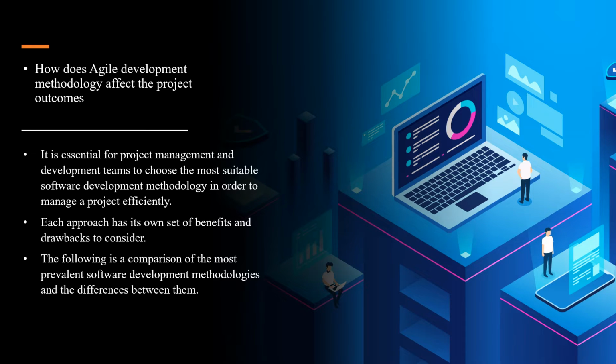This really helps to manage software and make it work the way it's supposed to work, and not with some mistakes or errors. Each approach has its own set of benefits and drawbacks to consider. The following is a comparison of the most prevalent software development methodologies and the differences between them.